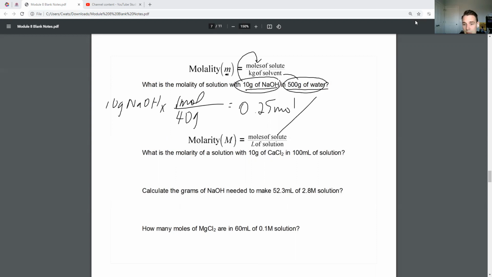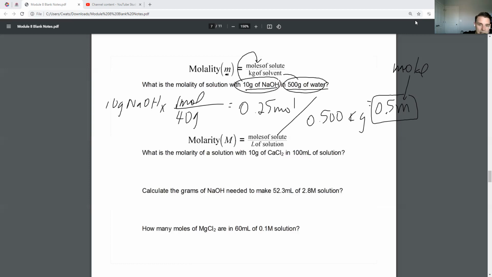And I'm going to divide that by 0.500 kilograms, which gives me 0.5. And my unit is going to be that lowercase m. So the concentration, the molality is 0.5, and you would say this molal, M-O-L-A-L, so 0.5 molal.